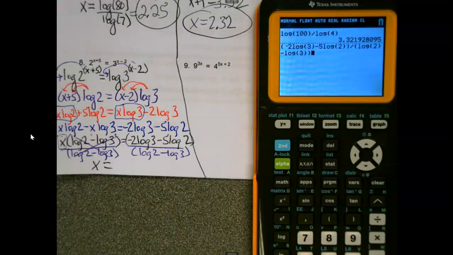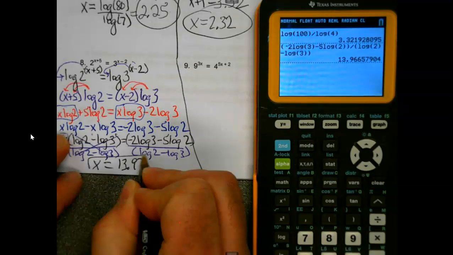If it scares you that you're going to forget parentheses, there's a lot of parentheses here. You could just type in the top, hit enter, type in the denominator, hit enter, and then just divide the numbers. I'll show you that because that might be a better option for some of us.